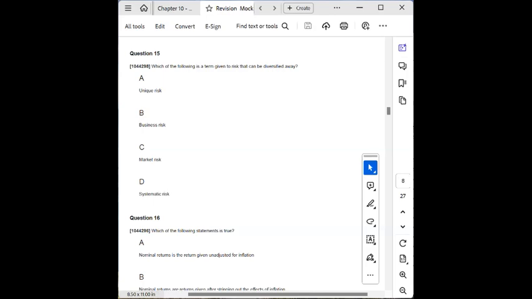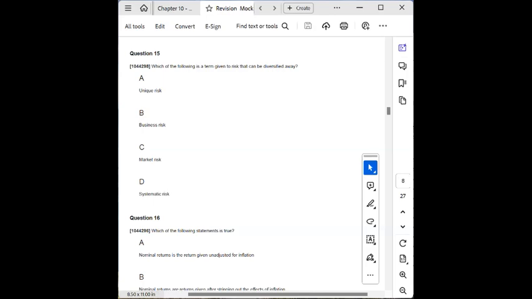But the risk that can be diversified is the one that is unique to the security. Because if there is a risk connected to a particular security, by diversifying into another security or another market, then you are diversifying that risk. So the correct answer is unique risk, that is security specific or instrument specific.